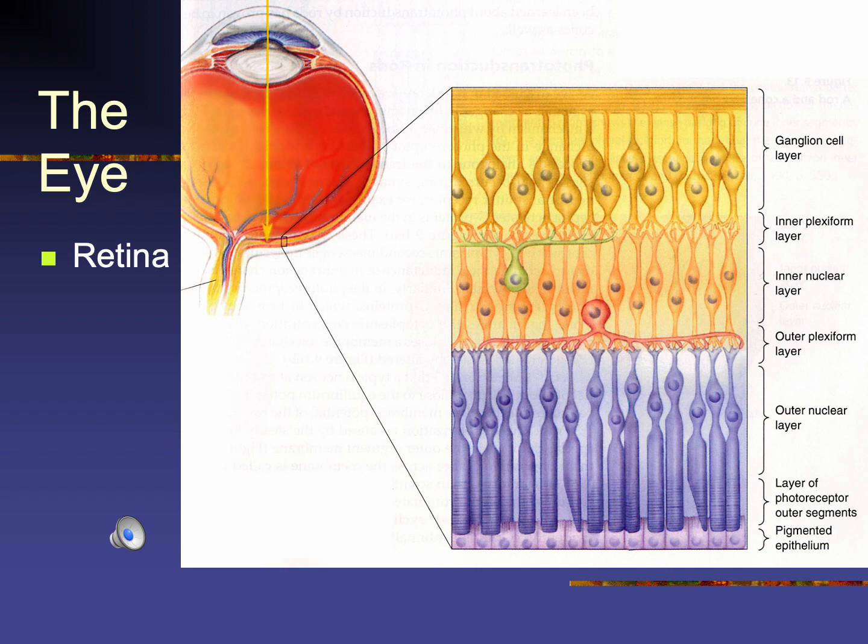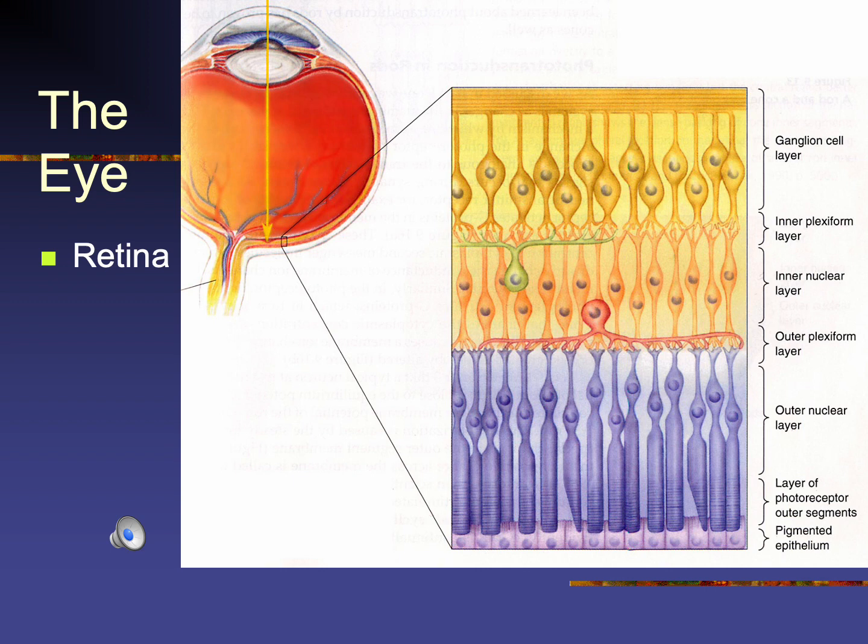Right now, what you want to notice here is that there's a receptor level, there's an initial processing level, and there's finally a level where that initial processing is conveyed to the central nervous system. And the other thing you should notice is that light passes through these upper levels before it gets to the receptors. That, unfortunately, is an artifact of how the retina had to develop in an evolutionary sense, and just how it had to be structured.